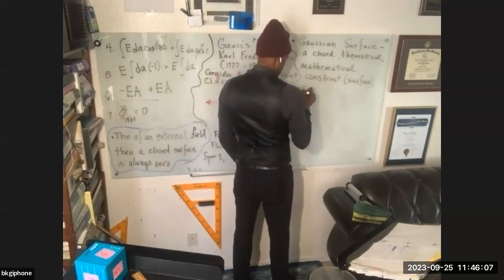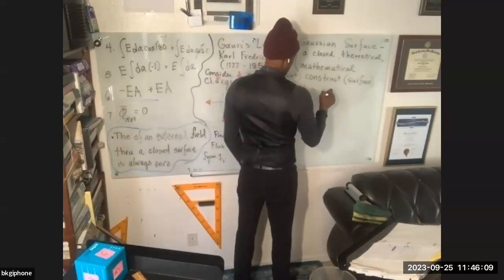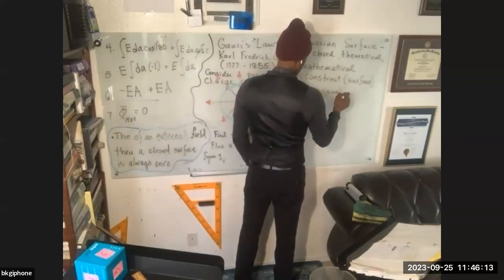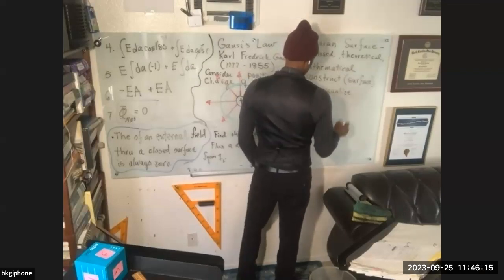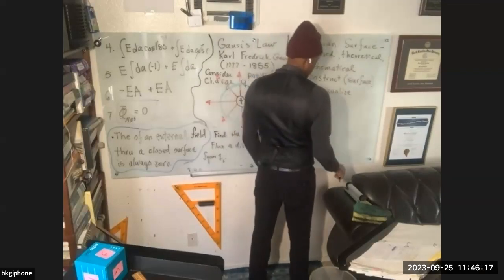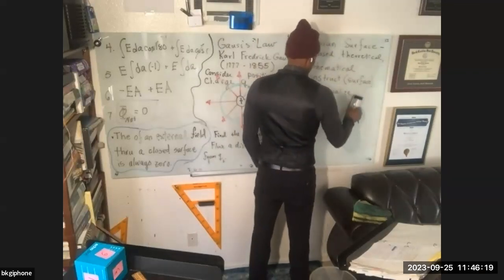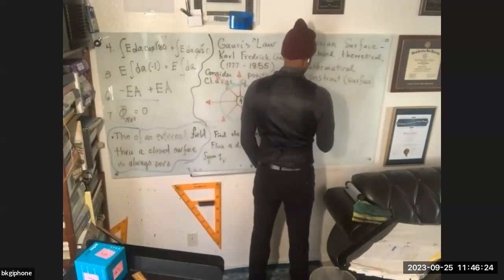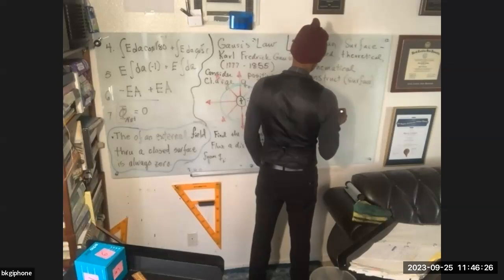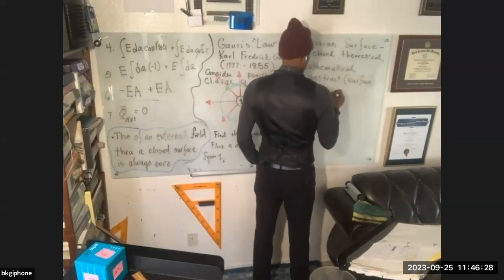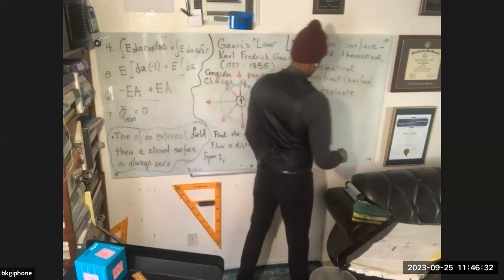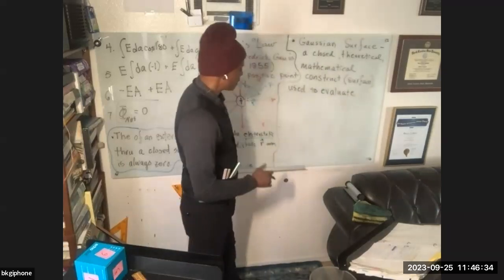Used to visualize, well, you can't really, used to evaluate, and visualize flux because it's a scalar. You could visualize the electric field in the area, but not the flux.